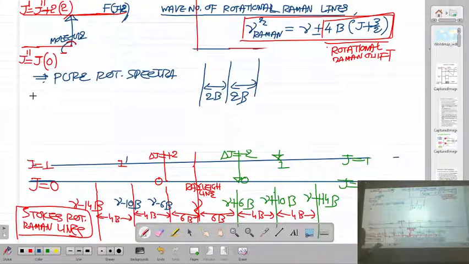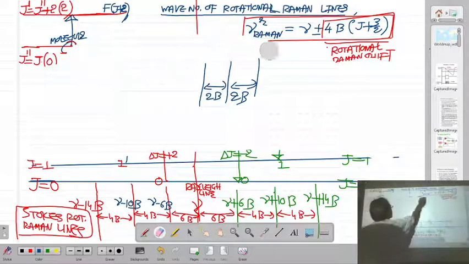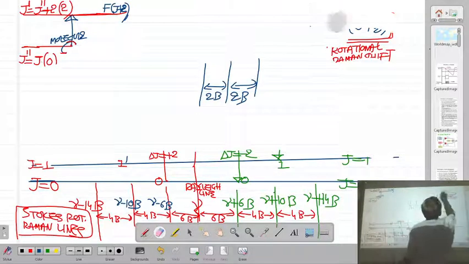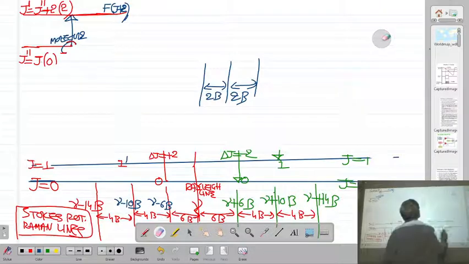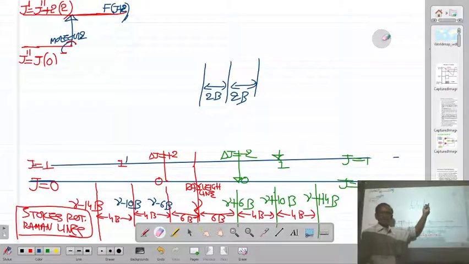The line separation 4b is twice as great. The rotational line separation in the pure rotational spectra is 2b, but here in the rotational Raman spectra it is 4b.